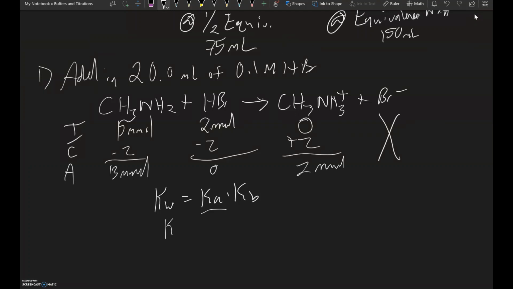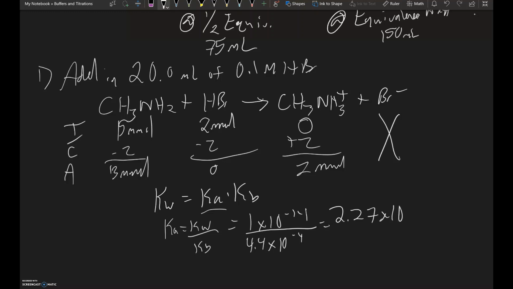Ka is equal to Kw divided by Kb. Kw is 1 times 10 to the negative 14, divided by 4.4 times 10 to the negative 4. It's going to give me 2.27 times 10 to the minus 11.